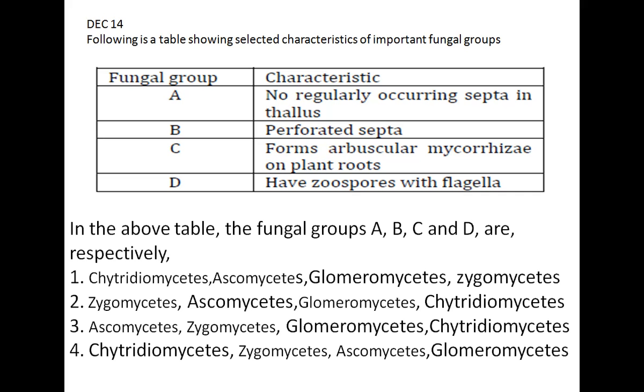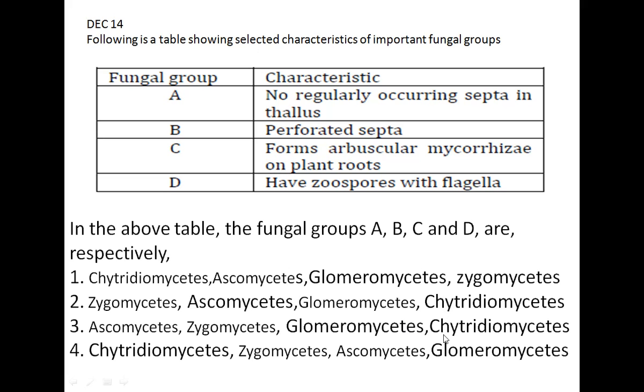Forms arbuscular mycorrhizae on plant roots, so most likely it will be glomeromycetes. Having zoospores with flagella is the peculiarity of chytridiomycetes. So what should be the answer? Having zoospores with flagella means the last one, D, should be chytridiomycetes.